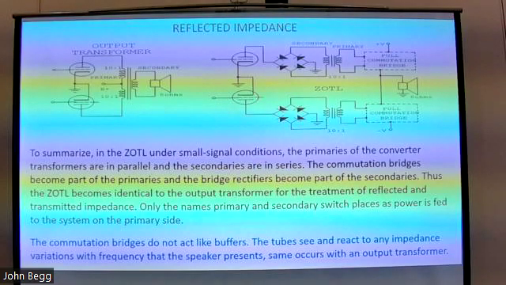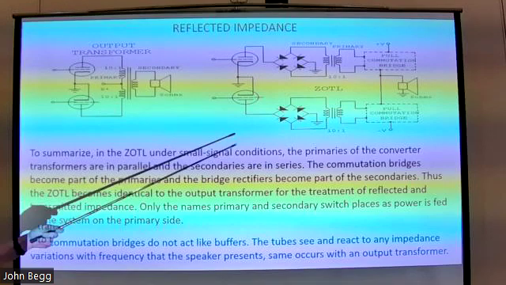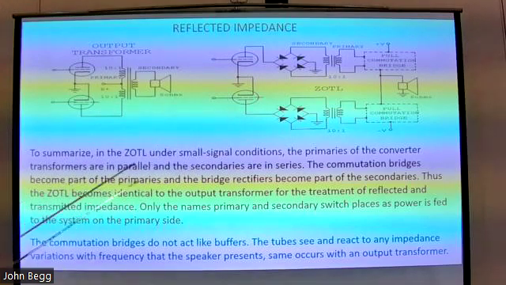Only the names primary and secondary switch places, as power is fed into the system on the primary side in both cases. This is the primary for the output transformer, and over on that one, the speaker is on the primary side.